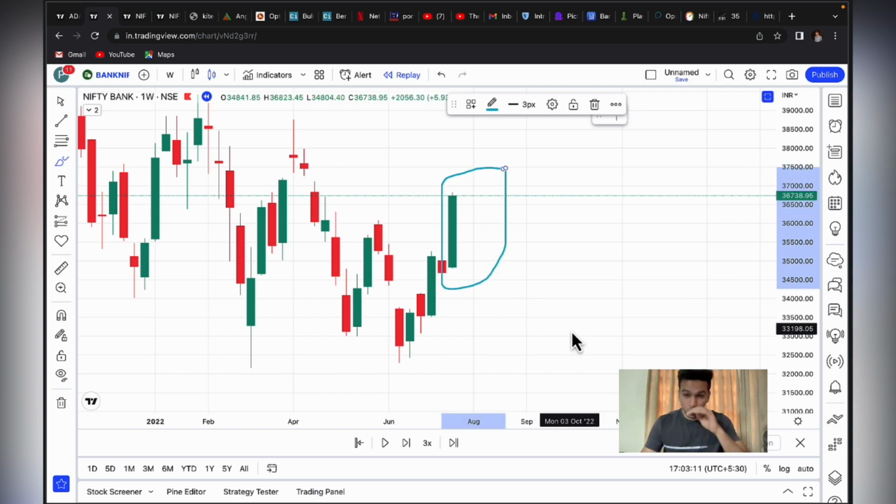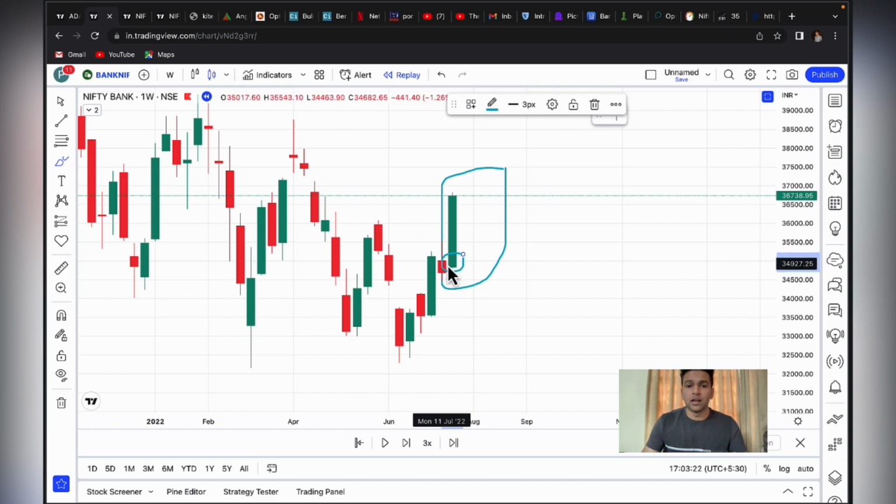This is how a normal bullish candle looks, where the open is at a lower point, creates a tiny wick on the lower side, shoots all the way up, creates a small wick on the upper side, and closes.